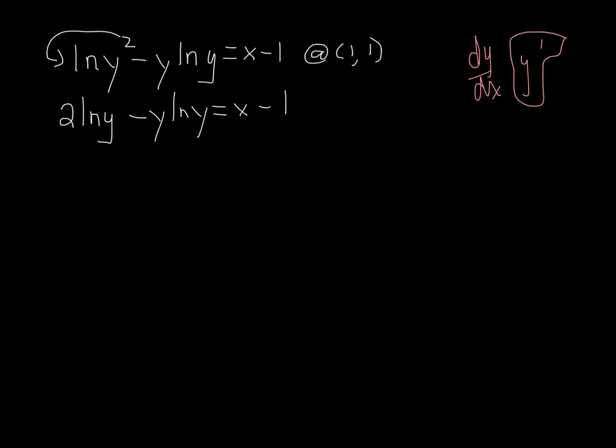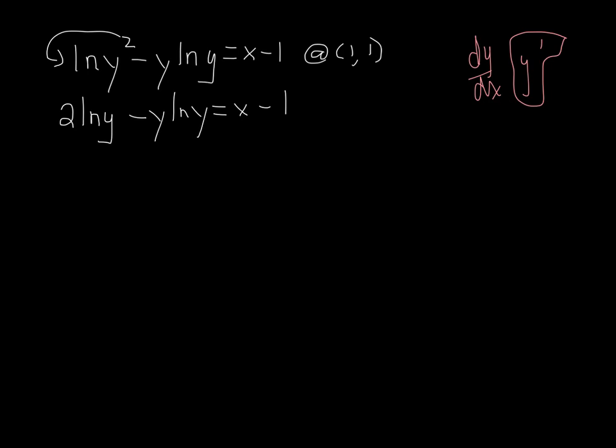So taking the derivative of all of these terms, every time we take the derivative of a y term, we have to multiply by y prime, because y is not defined according to x. We're taking the derivative of y with respect to x, but we don't have an equation that says y equals 3x or something like that. So these types of problems are called implicit differentiation.